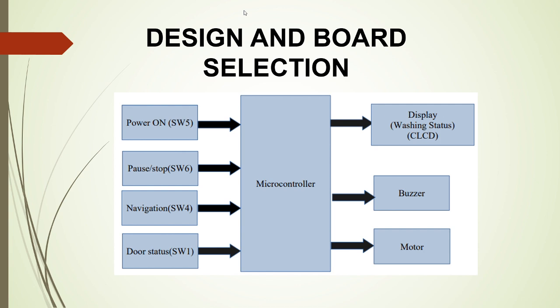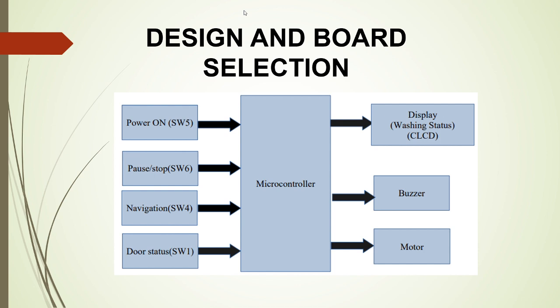So in this we have power on, pause, stop, navigation, door status, display, buzzer, motor, and a microcontroller. Switch 5 is used to power on the washing machine, and switch 6 is used to pause or stop the operation of the washing machine, and switch 4 is used for navigation, that is to change the menu, to access the elements in the menu.